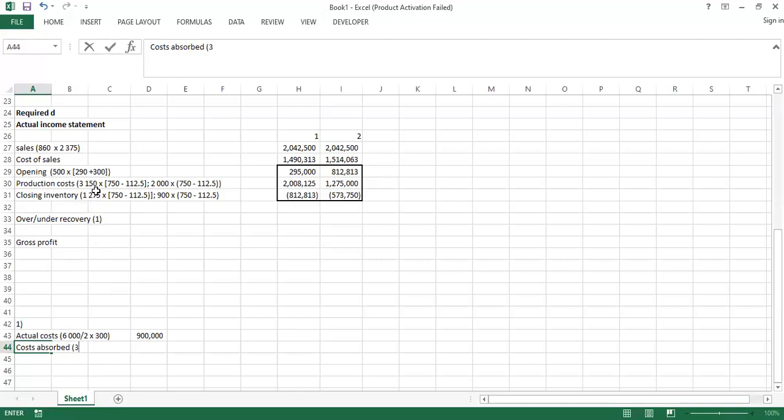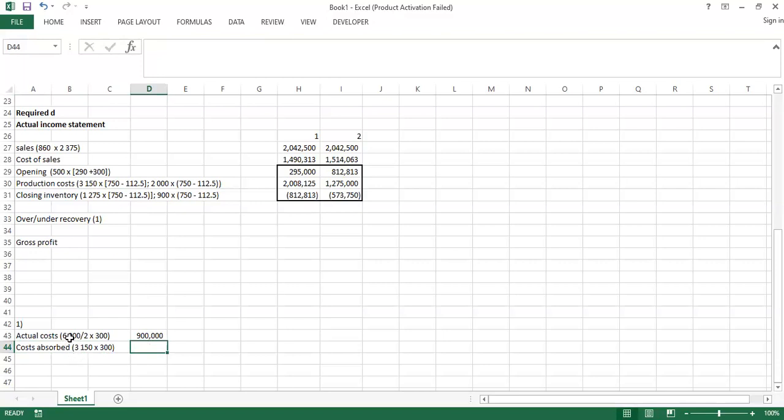So the absorbed is going to be 3,150 times what? We are only dealing with the fixed cost element. So they are saying it's just the same. So sometimes the discrepancy could arise as a result of a change in the rate, or as a result of a change in production. So in this instance, it's a change in production.